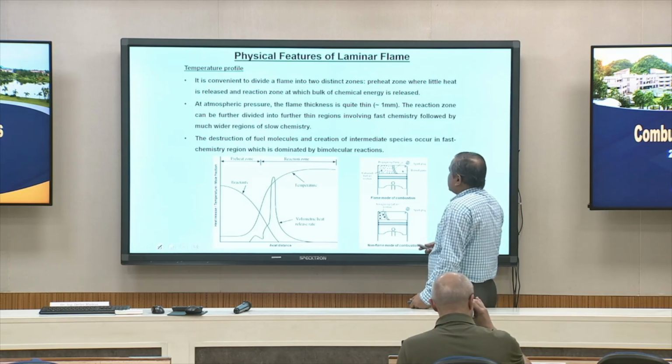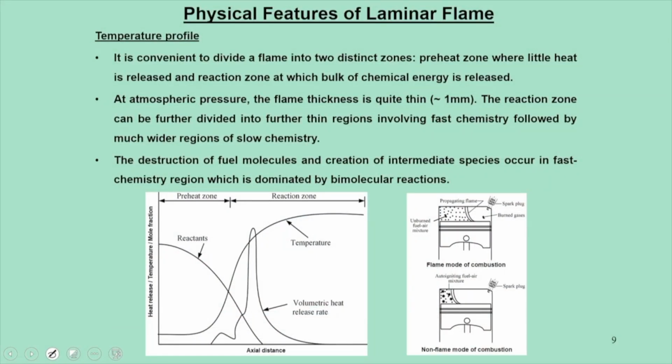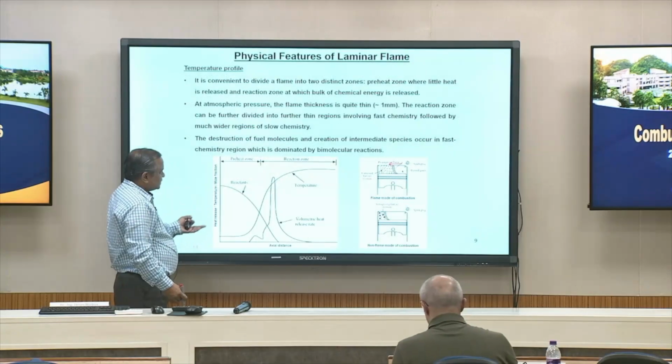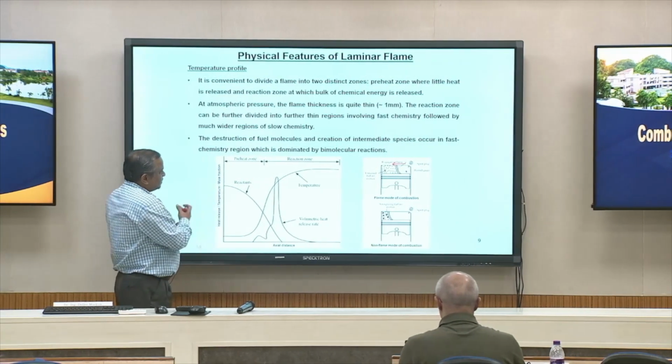Now coming back to the temperature profile, this is the generic trend of how the flame propagates in a medium. Here the flame is moving from right to left, carrying certain energy as heat, and with that energy it tries to burn the unburnt fuel-air charge. On this x axis, which is the axial distance, we are trying to see what changes happen when the flame moves.